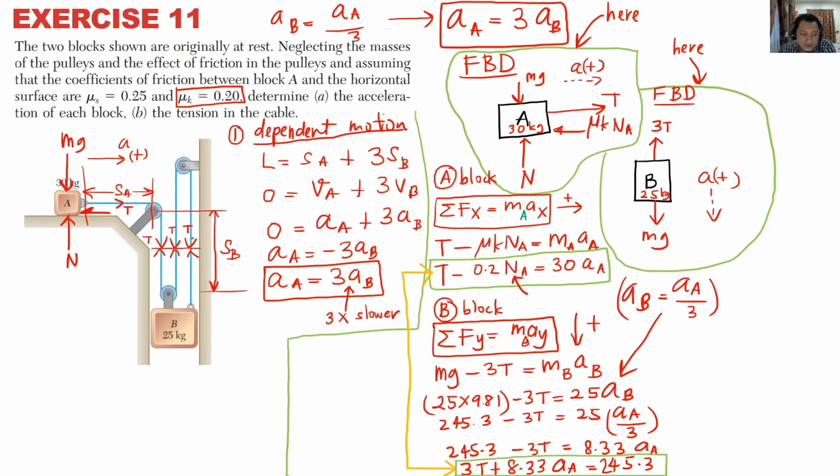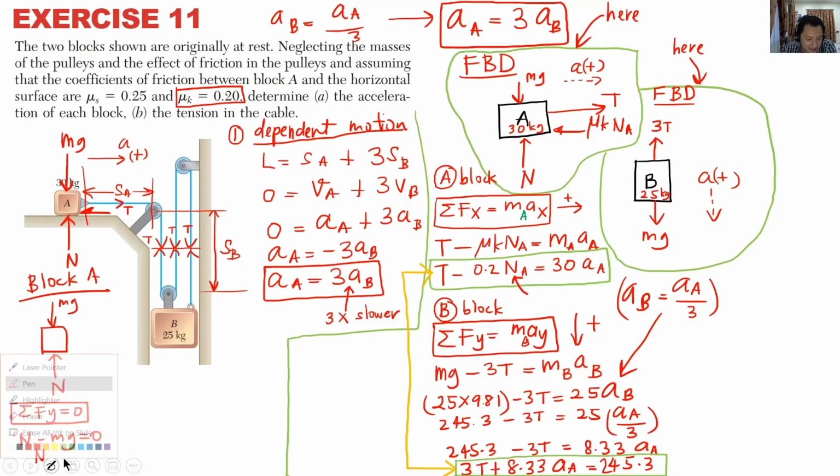If you solve block A punya summation Fy, look at block A. It's like that. You have normal and you have mg. So this is normal. So kalau solve summation Fy, dia akan jadi summation Fy equals 0 lah. You're gonna get normal minus mg equals 0.